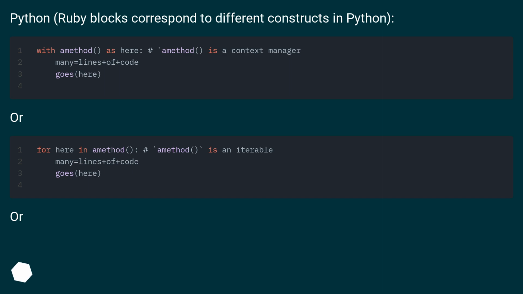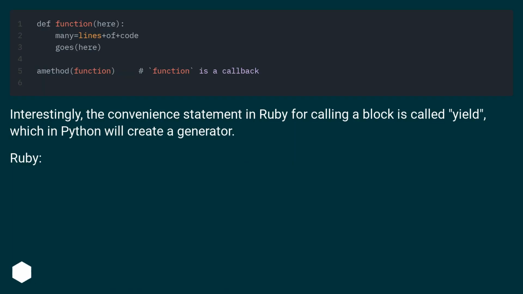Or: Interestingly, the convenience statement in Ruby for calling a block is called yield, which in Python will create a generator. Ruby.